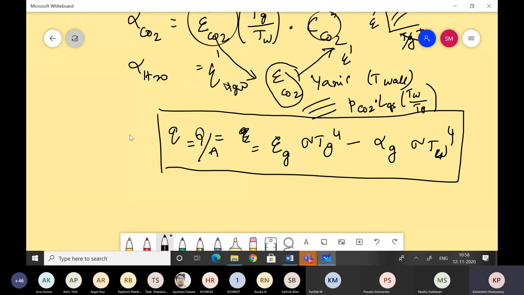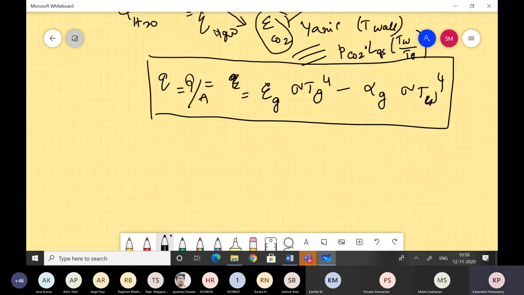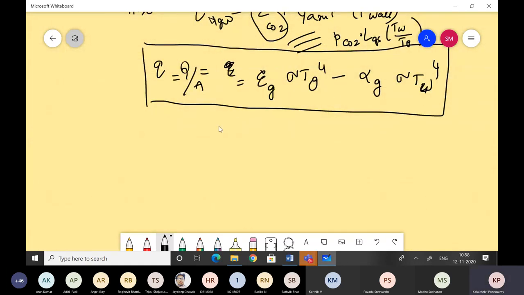Okay. So in these things, we never had real surfaces. Furnace surfaces were considered to be black in this case.